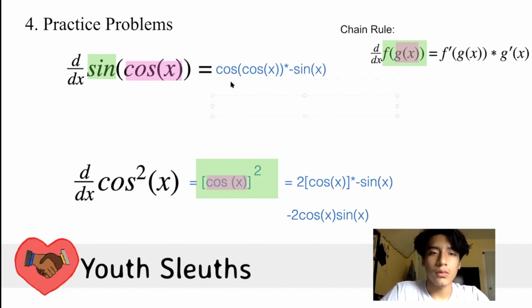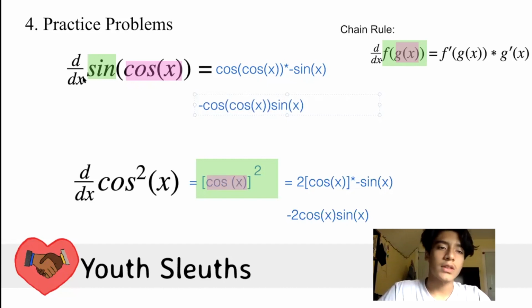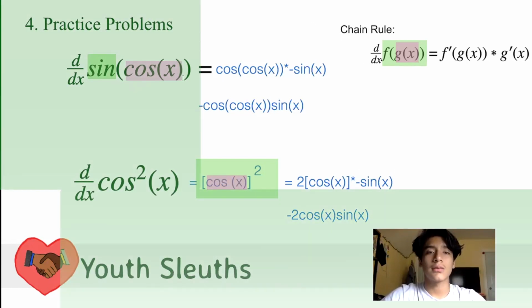And so to simplify this, we're just going to put the negative in front. Cosine of x, and then times sine of x. And that is your answer for the derivative of sine of cosine of x. And these are ways that you may see trig functions being used in calculus.